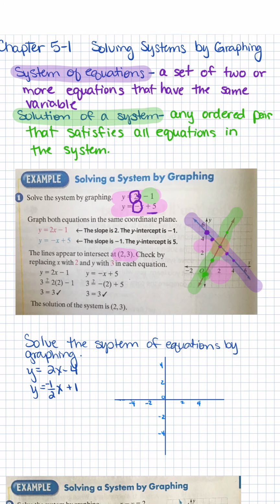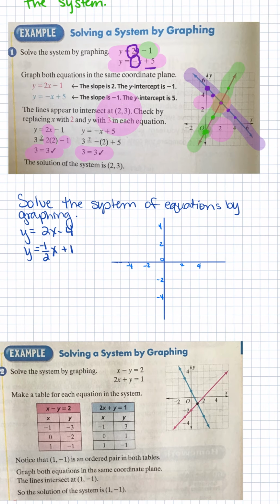If we put 2 in for x, does y equal 3? 2 times 2 is 4, minus 1 does equal 3. Woohoo, we're good. Now let's try the other one. Negative 2 plus 5, does that equal 3? Sure does, so we are correct.